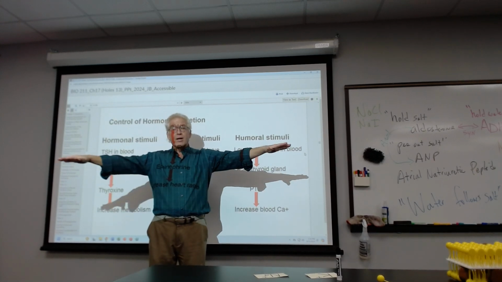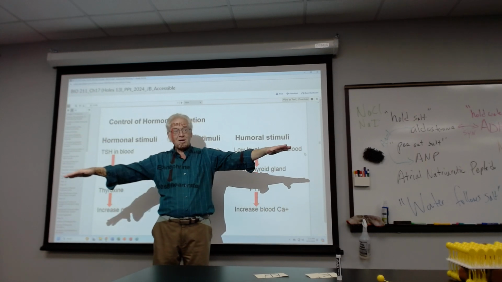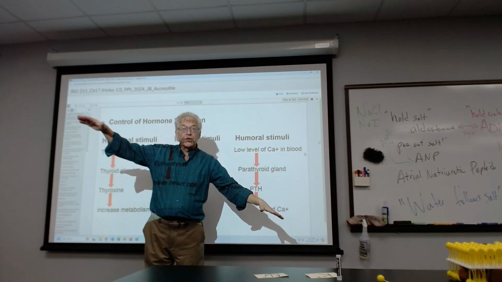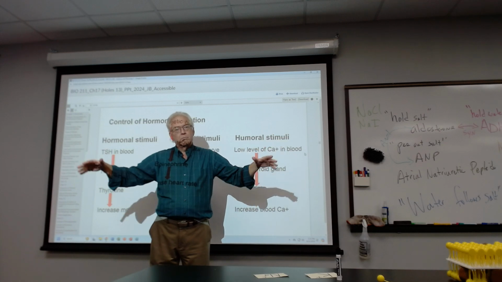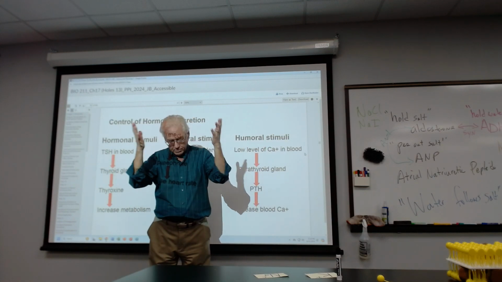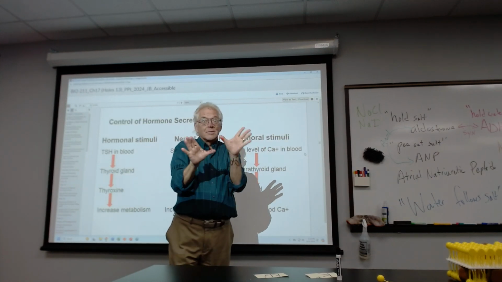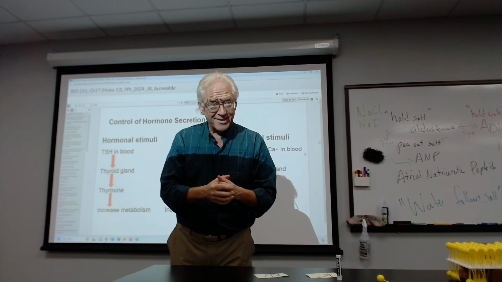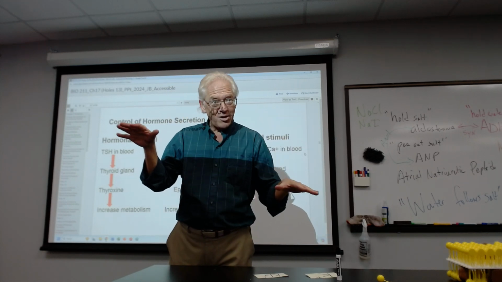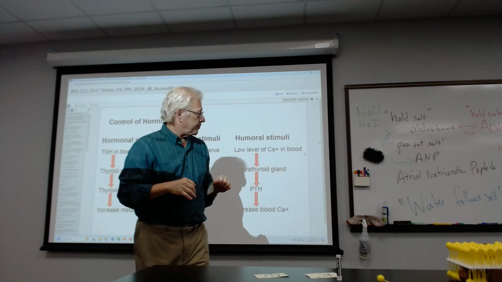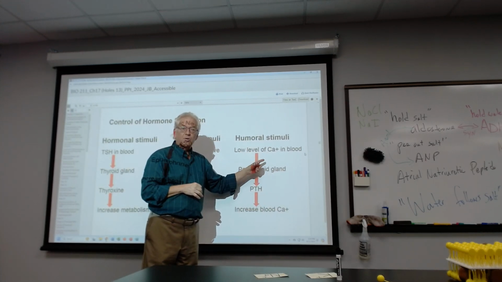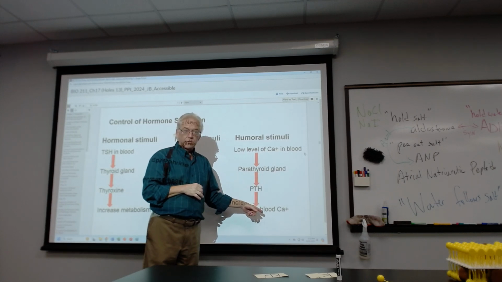How about water levels? They trigger ADH. How about sugar levels? They trigger glucagon and insulin. Too high or too low. So those are chemicals in the blood that stimulate the release of a hormone.